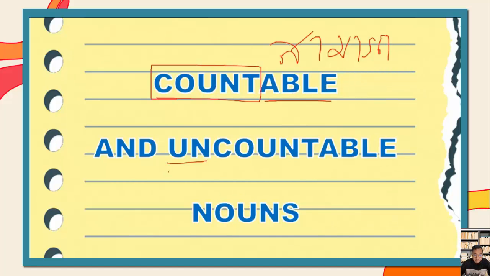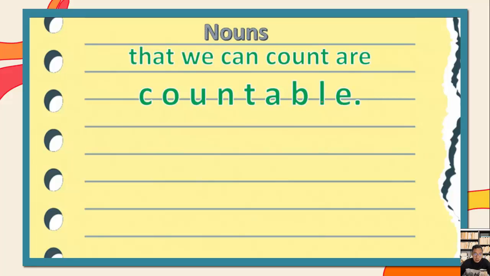By the way, in English un means no, right? In Thai it means ไม่. Able means สามารถ, okay, ไม่สามารถนับได้. So countable and uncountable noun. Uncountable noun you cannot count because there are a lot, like water, sugar, rice, salt. These are some examples.